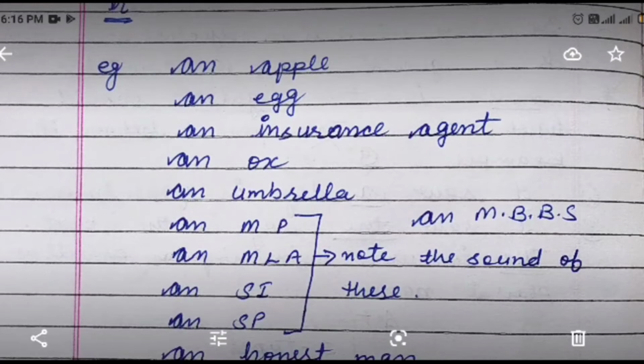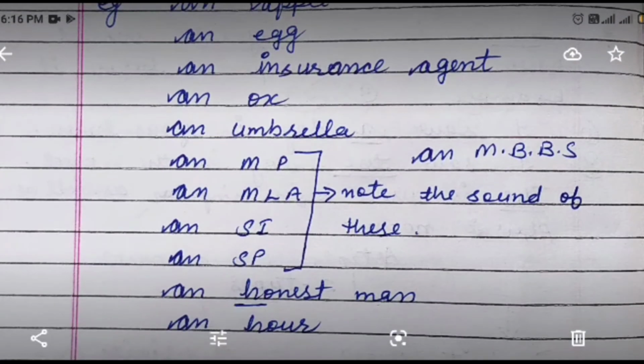Here is also a vowel sound. Therefore, we place an before these words. You should focus on the sounds, not on the vowel letters. In the same way, when we pronounce SI, SP, S gives the sound of a vowel, so we place an before these words.